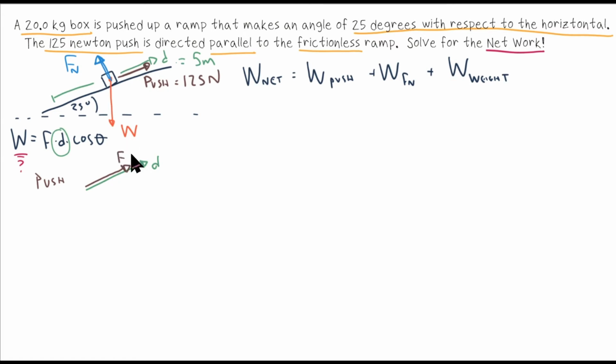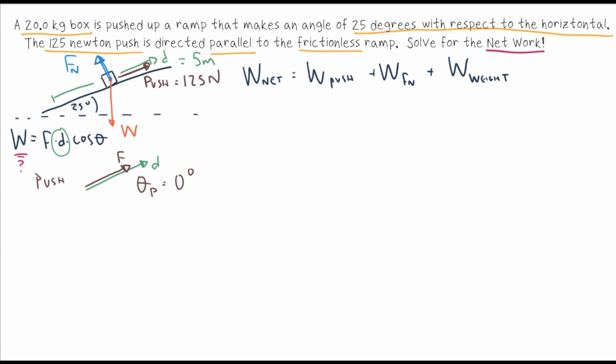Whenever the 2 arrows are pointing in the same direction, the angle between them is going to be 0 degrees. So the angle for the push is 0 degrees.